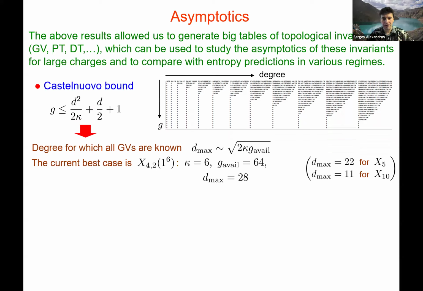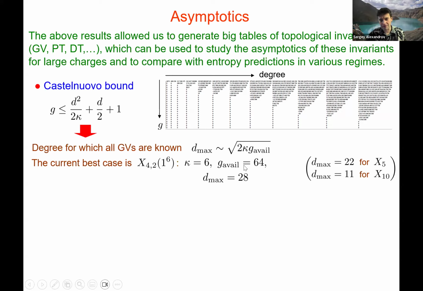This is important for us because typically we will be interested in the asymptotics of large degree. Just from this Castelnuovo bound, you can get this. Here I showed that the best case with respect to degree is the manifold X 10 for 2, because there is an interplay between the intersection number of the Calabi-Yau and the maximal genus up to which we can compute GV invariants, and for this manifold they are both sufficiently big.